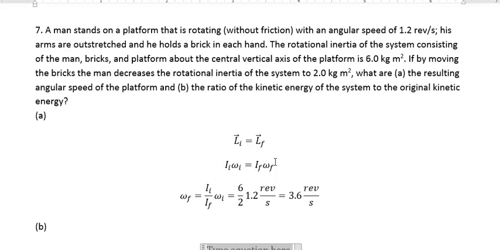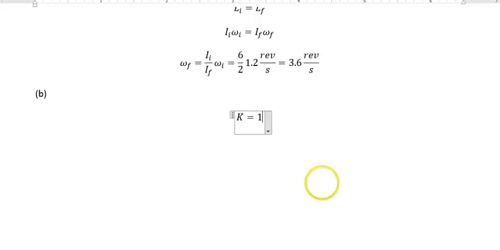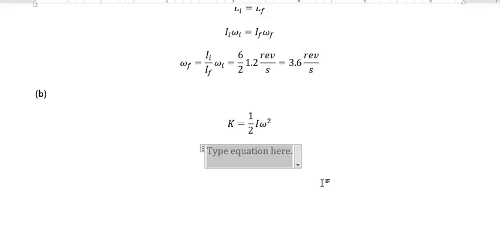So kinetic energy in a rotational system is 1/2 I omega squared, right? We want the ratio of the two, so we want K final over K initial, which is going to be, the 1/2 will cancel, I final omega final squared divided by I initial omega initial squared, right?